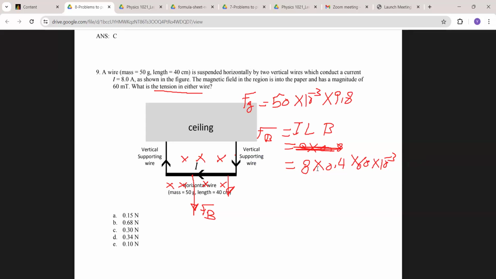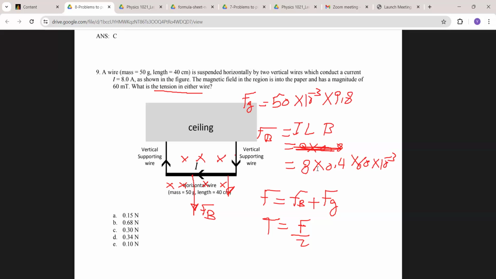So I'm going to calculate the total force F, which is F_B plus F_G, and the tension is the total force over 2. So 50 times 10 to the power minus 3 times 9.8 plus 8 multiplied by 0.4 multiplied by 60 times 10 to the power minus 3.